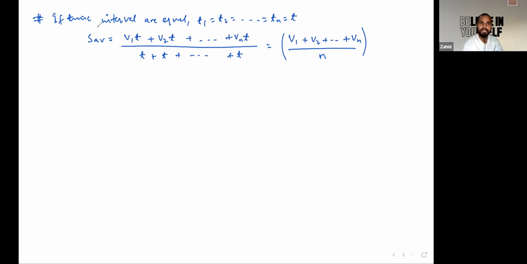So you'd say if the time gap for covering each interval is equal, then average speed can be calculated by the arithmetic mean of all individual speeds.